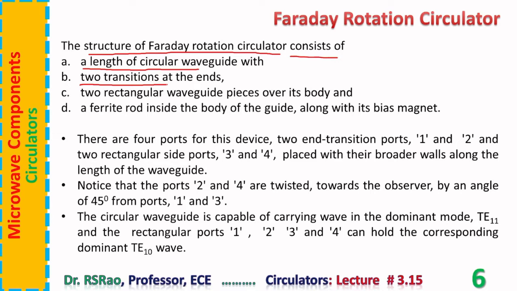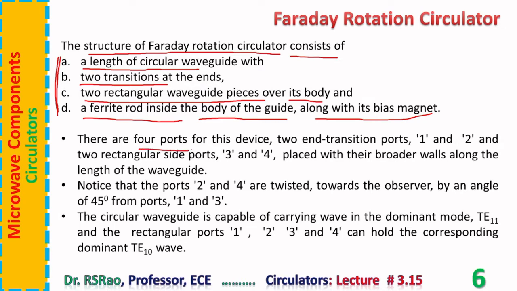Transitions are used mainly for providing a connection between the rectangular waveguides and circular waveguides. In the present structure, two transitions exist, and two rectangular waveguide pieces over its body. A ferrite rod sits inside the guide body along with its bias magnet. These are all parts of the circulator.